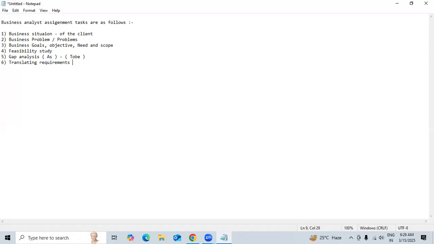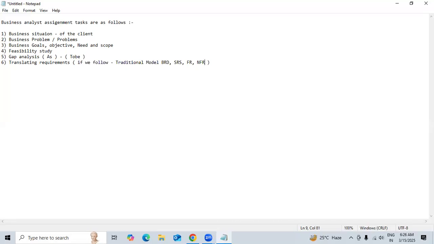Now, translating requirements, if we follow the traditional model, meaning the waterfall model, then we need to prepare some documents, something like the BRD, software requirement specification with the help of the technical team. Next, functional requirements, non-functional requirements, all that stuff. This is something we do.